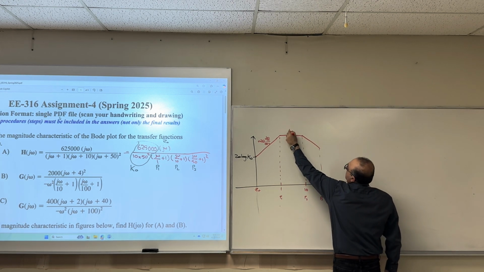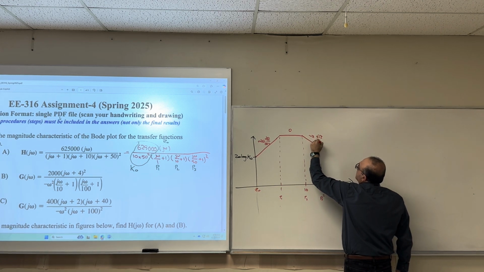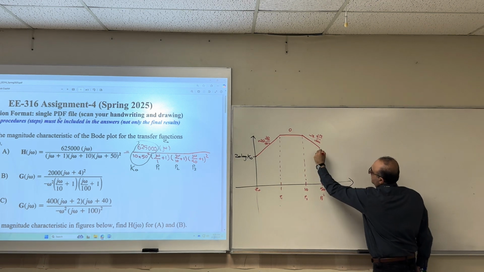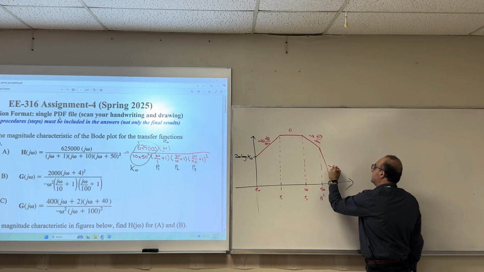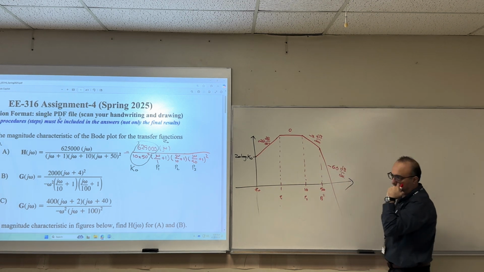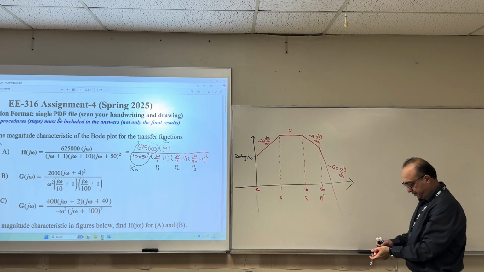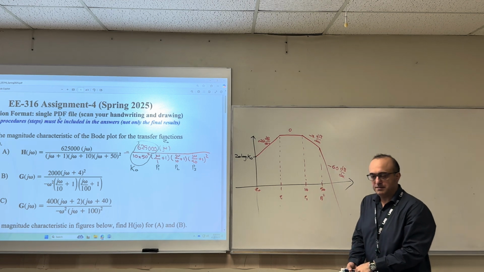Now here is 0, this is minus 20 dB per decade. It's going to be how much? We're done. It is a band pass filter. Not easy, am I right?